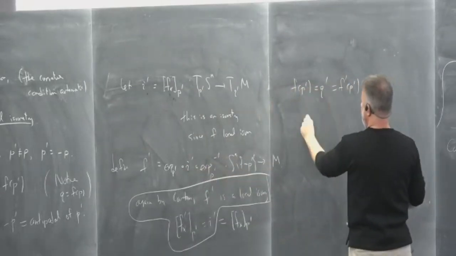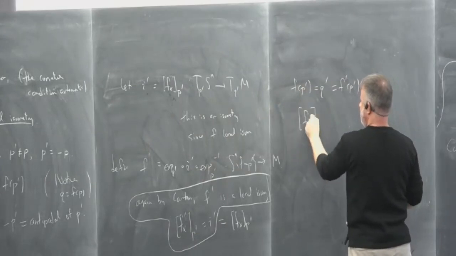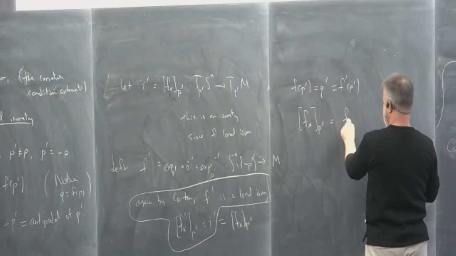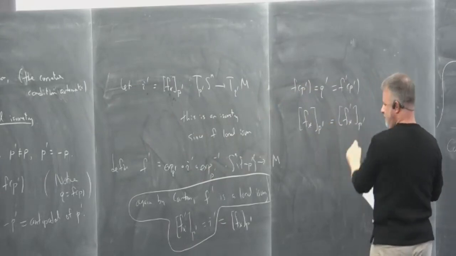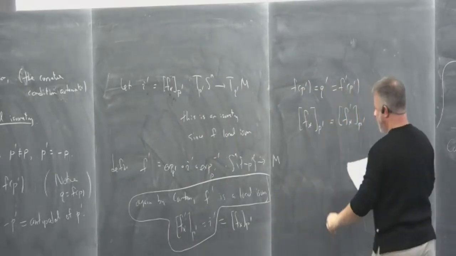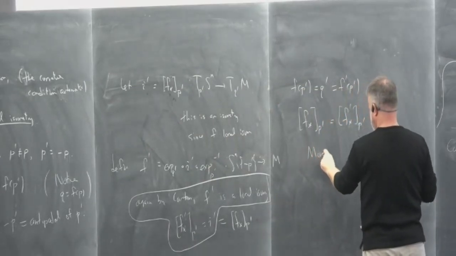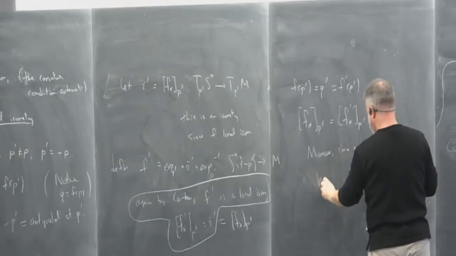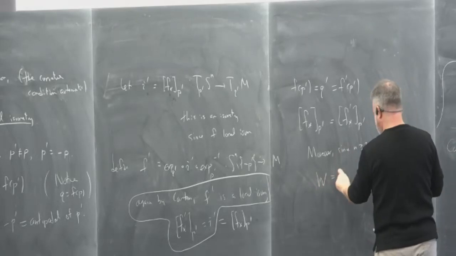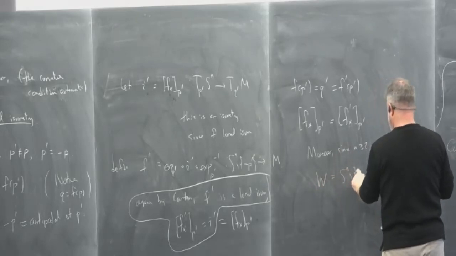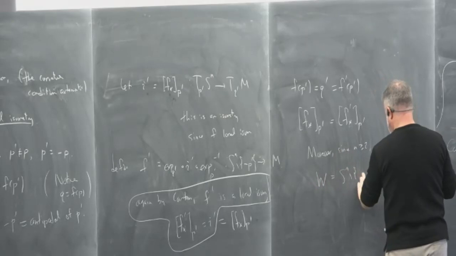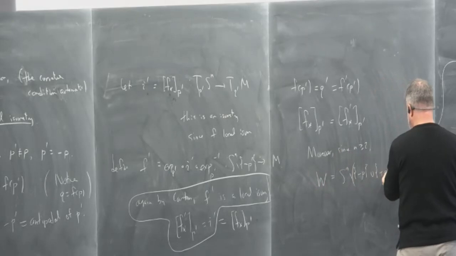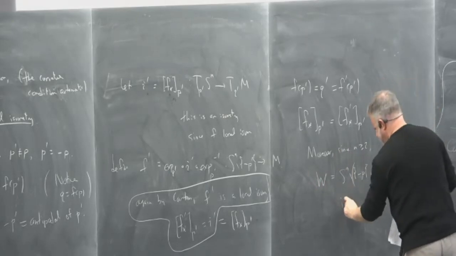So we have this, and we have that the push forward at P prime is equal to the push forward of F prime at P prime. That's this thing down here. And moreover, since the dimension n is at least 2, if I look at W, which is Sn minus P and minus the antipodal point of P and the antipodal point of P prime, this is connected.